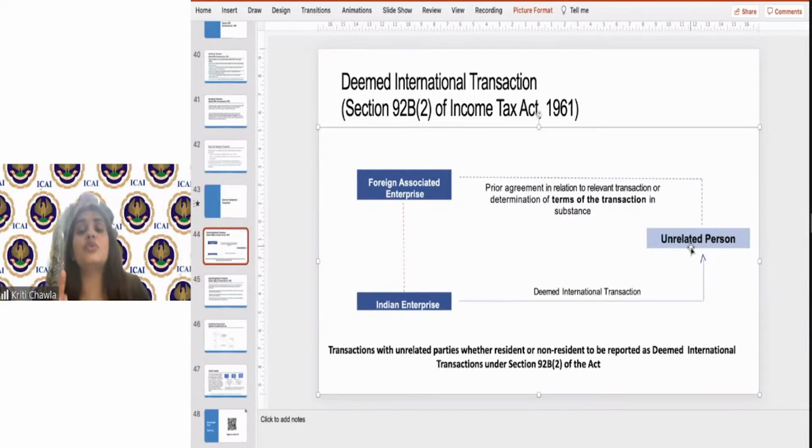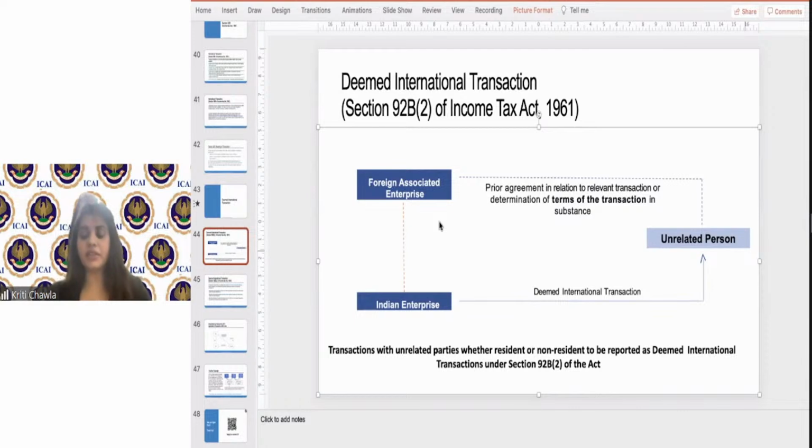They did not want to transact at ALP. And this is the reason CBDT said that no, this will be called a deemed international transaction, because you're not really interacting with each other. There is a foreign associated enterprise determining how they are transacting. So that is the concept of deemed international transaction.